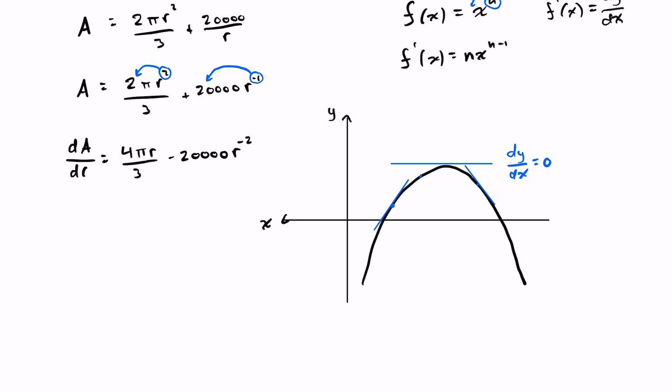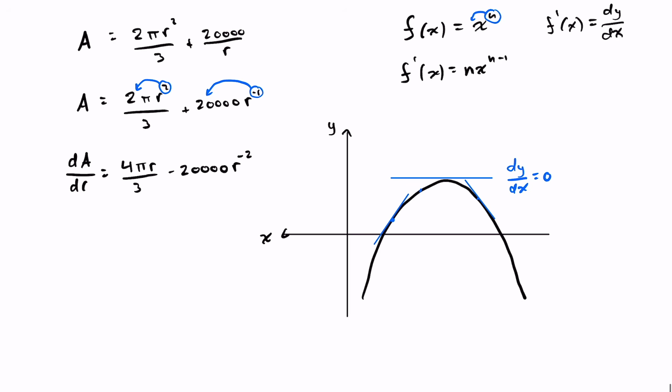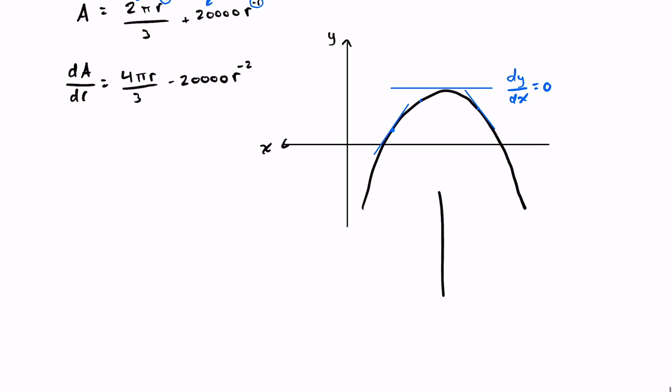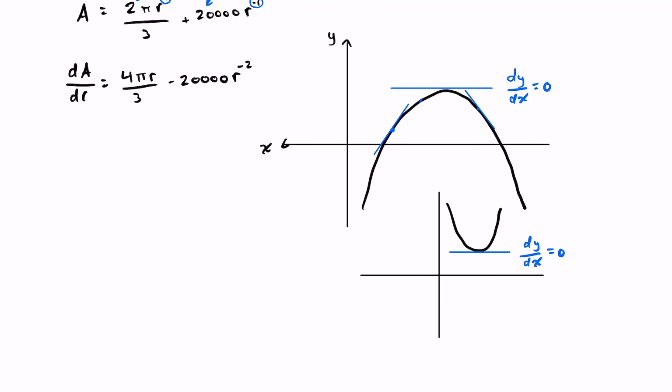Or conversely, we could say a situation where we have similarly a minimum. dy/dx is equal to 0. After we are done with all of the decreasing that we're going to do, before we start increasing, there's going to be a point where we reach the lowest point.